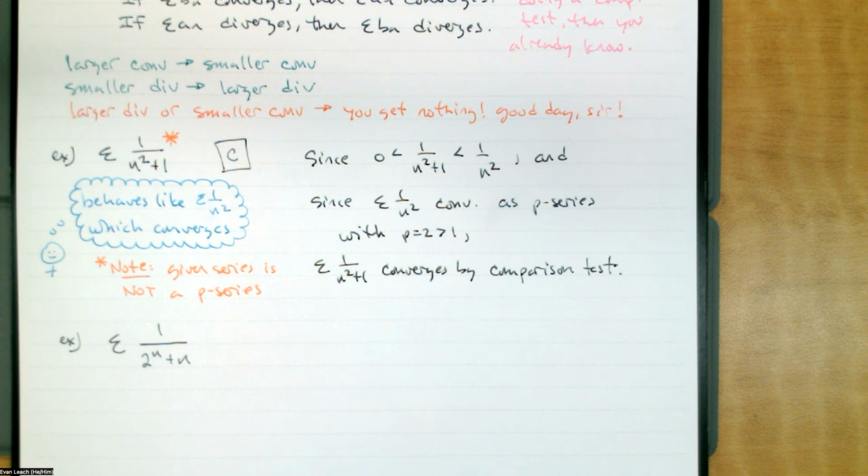Given the terms of the given series are smaller than the terms of a known convergent series, therefore, since the larger series converges, the smaller series converges.